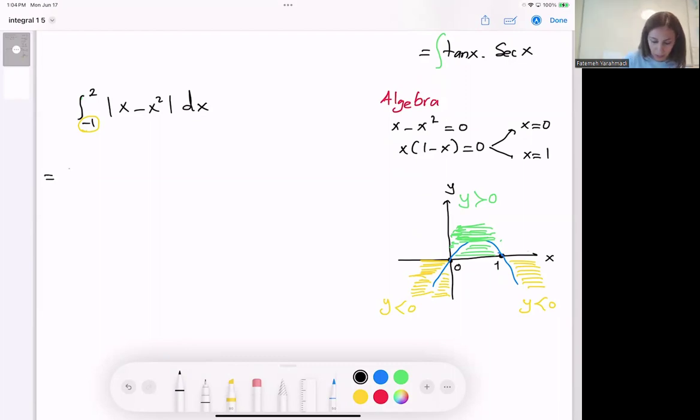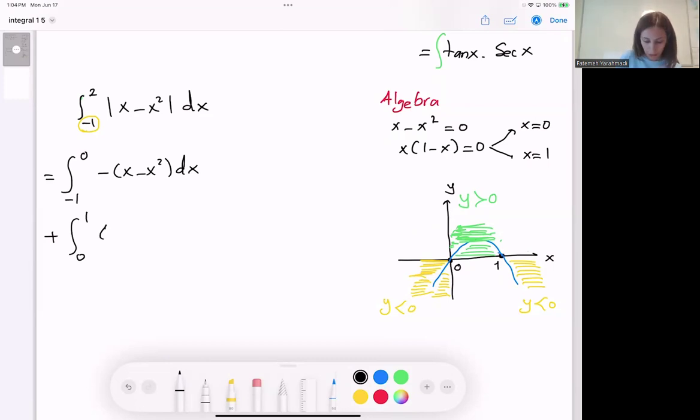This can be written as the integral -1 to 0. Between -1 and 0, my y is negative. So this absolute value is written as minus x squared dx. Plus, between 0 and 1, I have a positive y value.